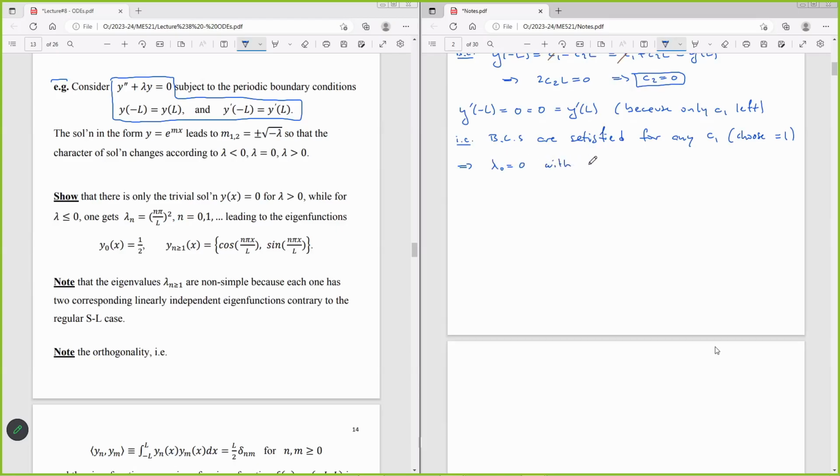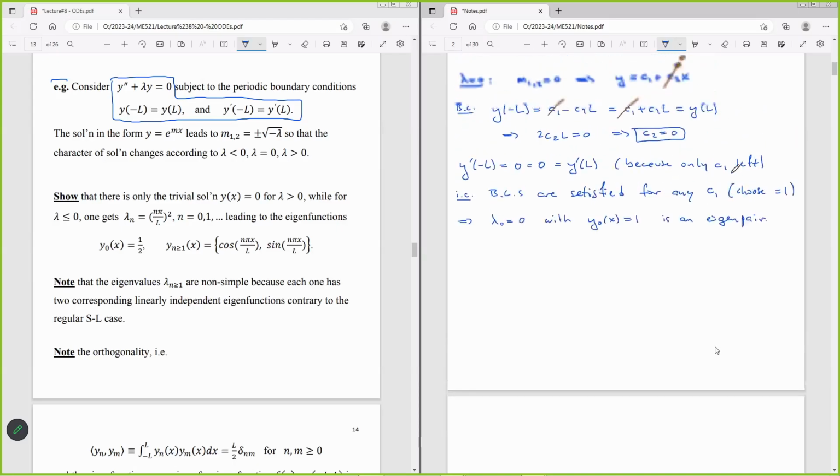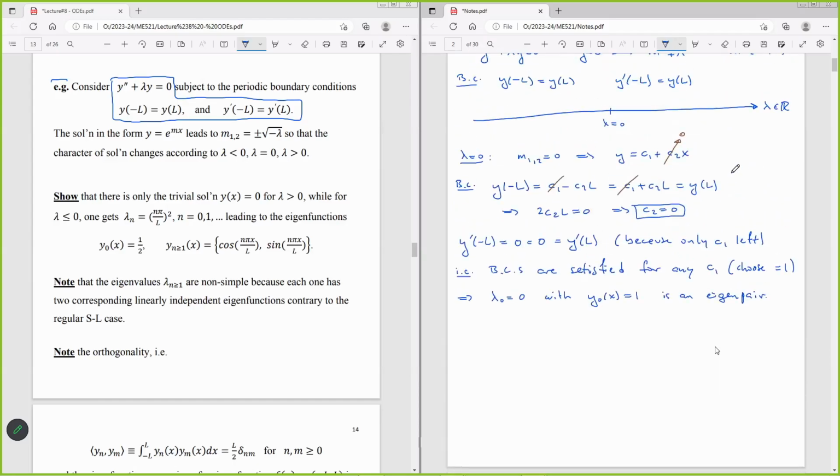So now lambda 0, with index 0, with y0 of x as 1, is an eigenpair, which didn't happen before, right? This is something new. So you shouldn't jump to conclusions. The problems that I solve usually have lambda 0 giving a trivial solution, so you jump to the conclusion without doing any work.